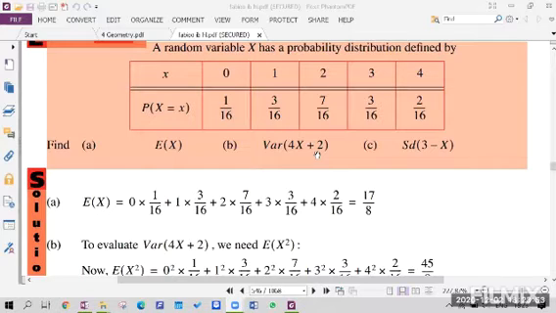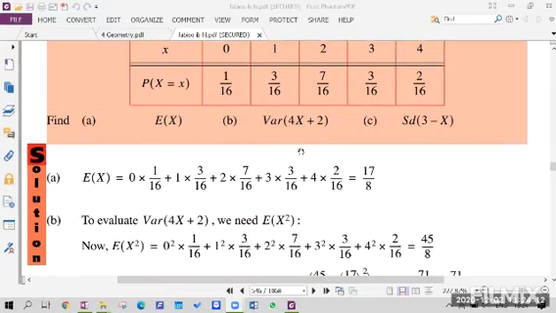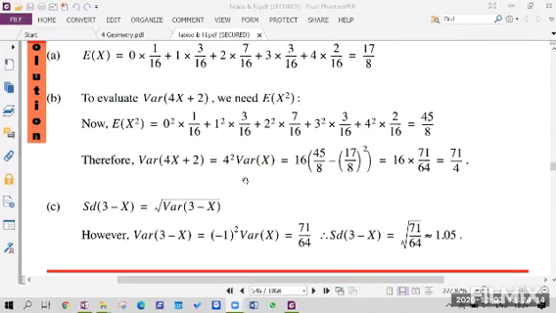Substitute the values in that equation. It would be 4 square into variance of x, as taught in the above formula. Do you get that?